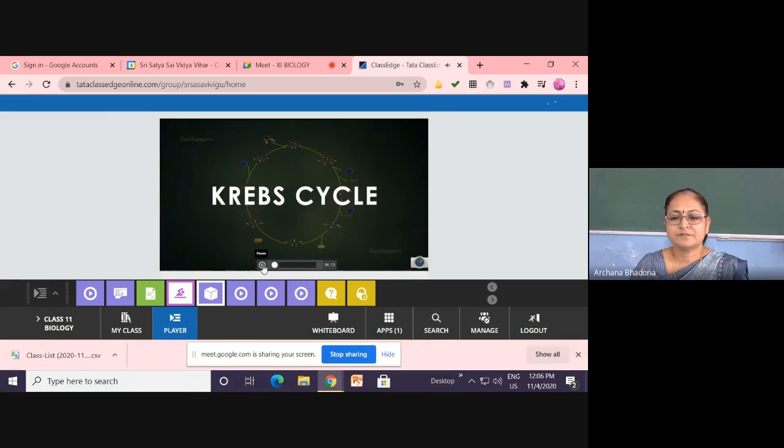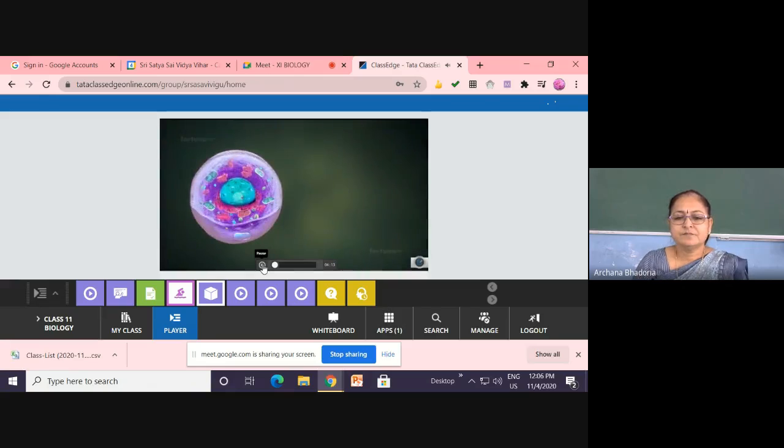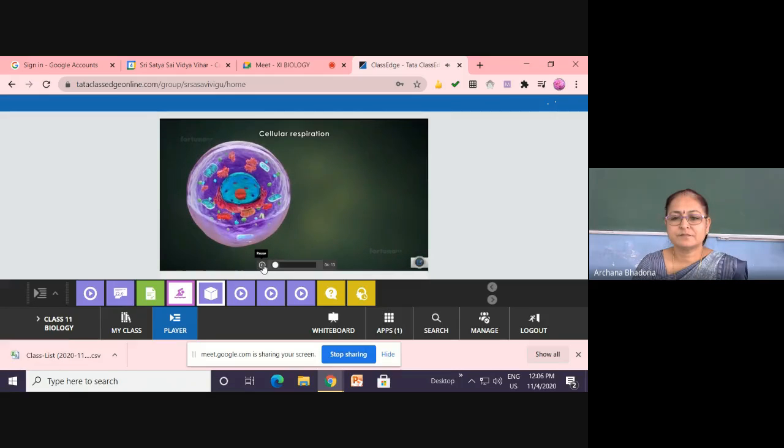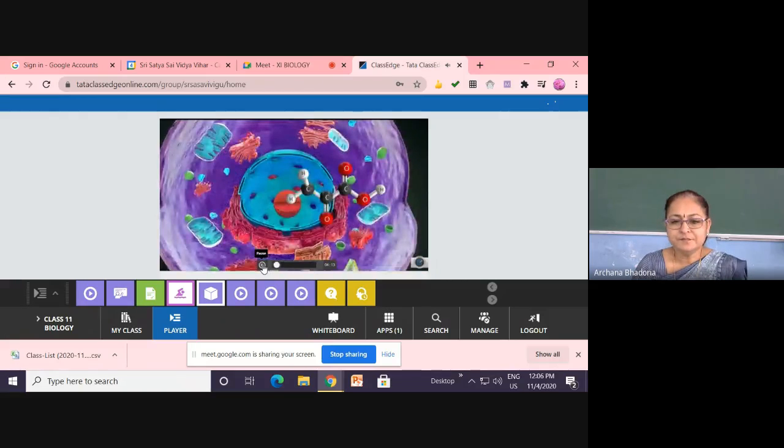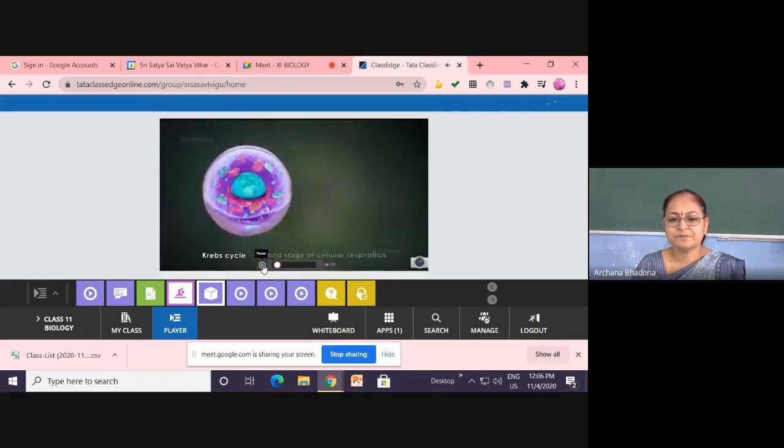Krebs cycle. During the process of cellular respiration, an end result of glycolysis will be the production of pyruvate. In the presence of oxygen, pyruvate will enter the Krebs cycle, which is the second stage of cellular respiration. Named after Hans Krebs, who discovered it in 1937.